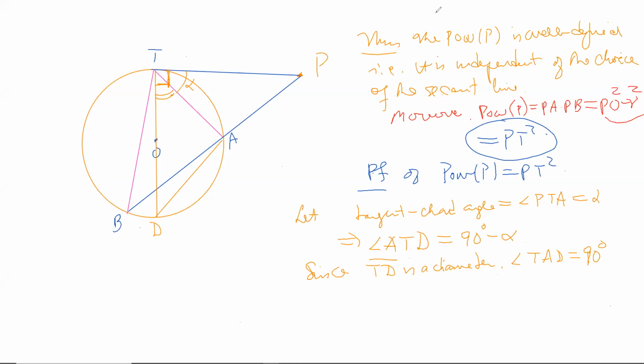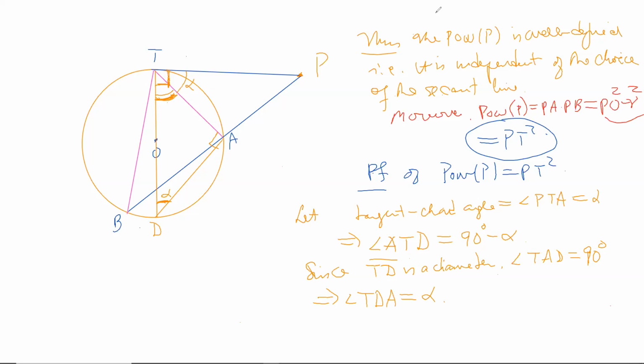So because it's 90 degrees, that tells you this is also alpha, do you agree? So the angle TDA is equal to alpha again, yes? Because this angle and this angle must be complementary, so it's alpha again.